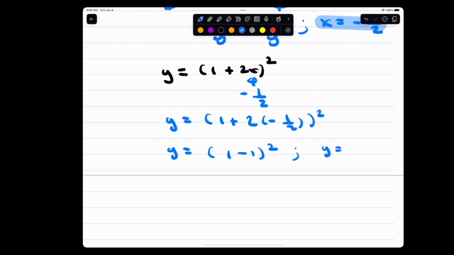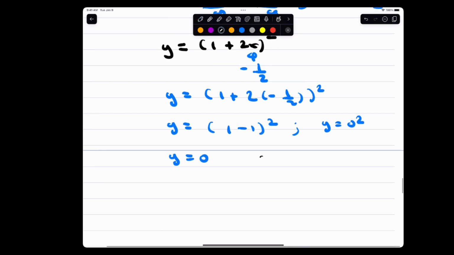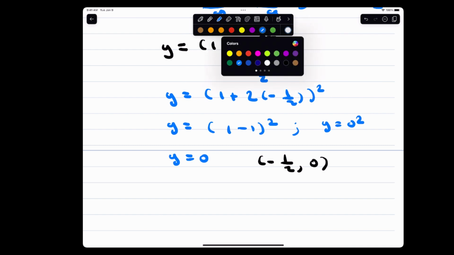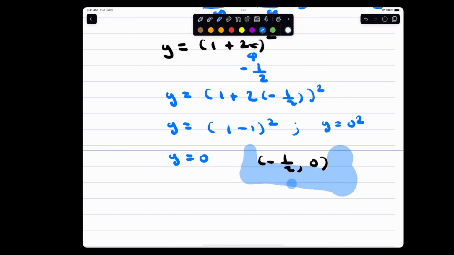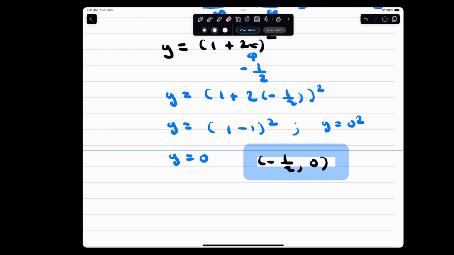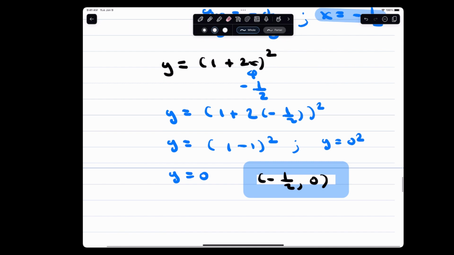And that 0 squared will be 0. Okay, so what's the location here going to be? It's negative 1/2, comma what? 0. I got to get the colors. All right, negative 1/2, comma 0.